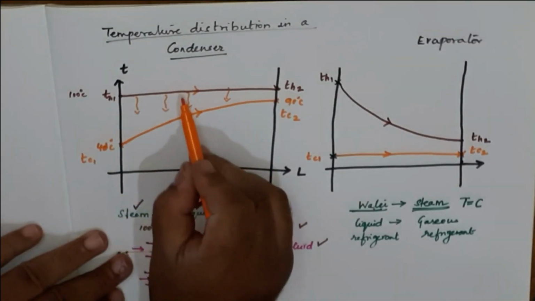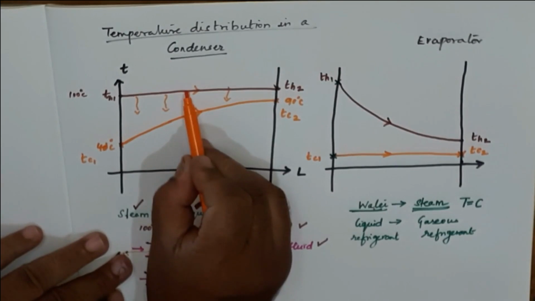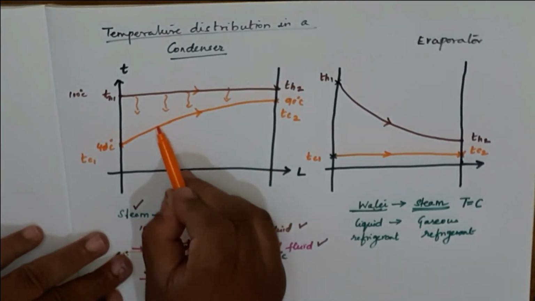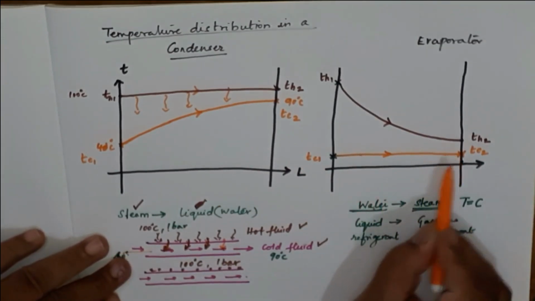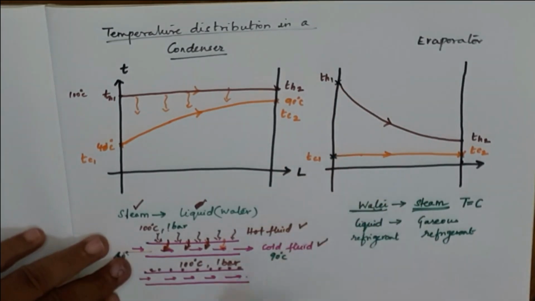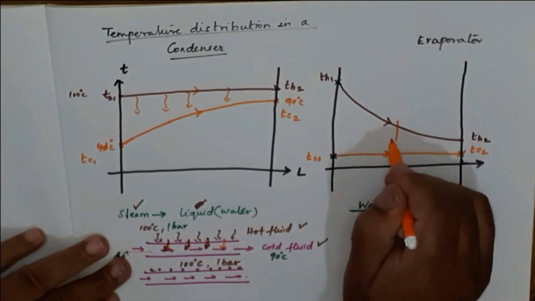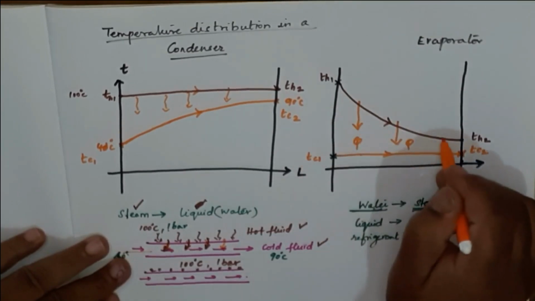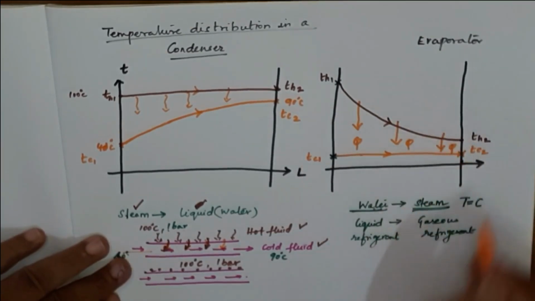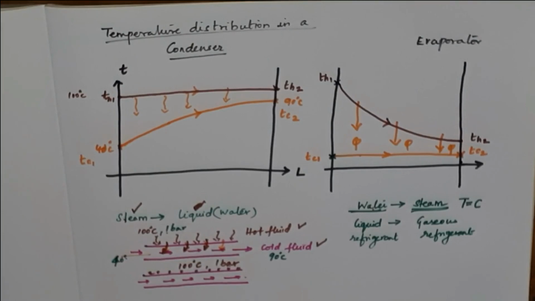So here the steam to be condensed exchanges heat energy with the cold fluid. Here the liquid which has to evaporate exchanges heat from the hot fluid. Heat is exchanged throughout the length of the flow through the pipe, and every instant heat is exchanged.